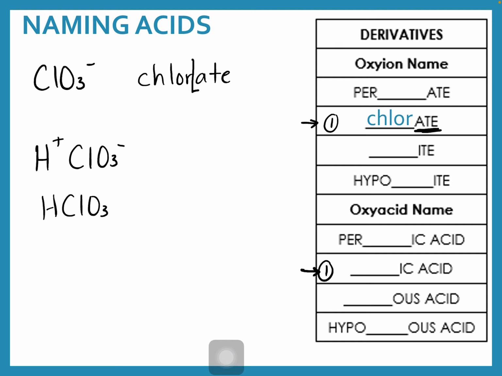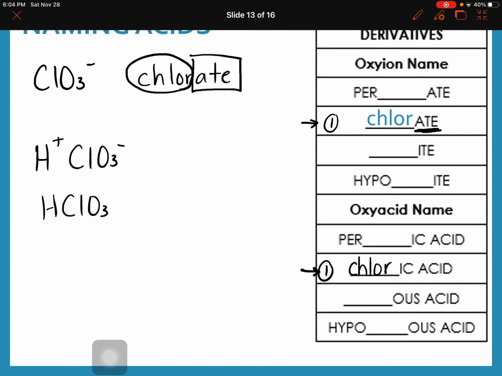So I'm going to chop off the -ate, and the root chlor is what would fill in any of these. So chlorate, when paired with hydrogen, is going to become chloric acid. So look here, the -ate becomes an -ic acid.